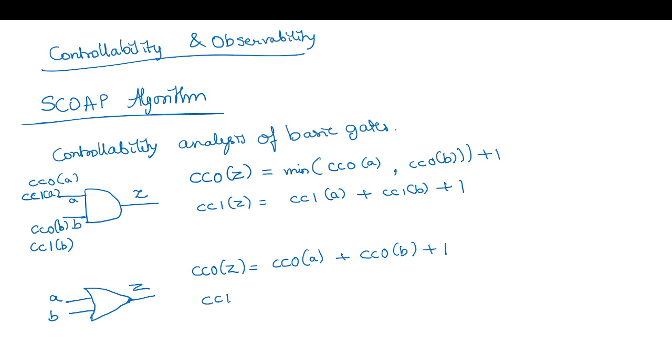And similarly, combinational controllability for 1 will be the minimum of combinational controllability 1 for A or 1 for B. Why minimum of both? Because if any one is 1, the output is going to be 1, so we can control to 1. So whichever has minimum effort, we can take that, set through that path. And plus 1 for the next level.